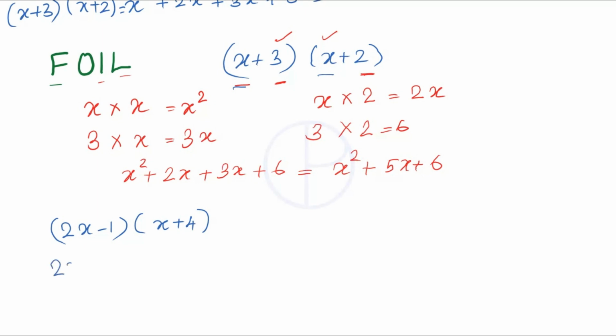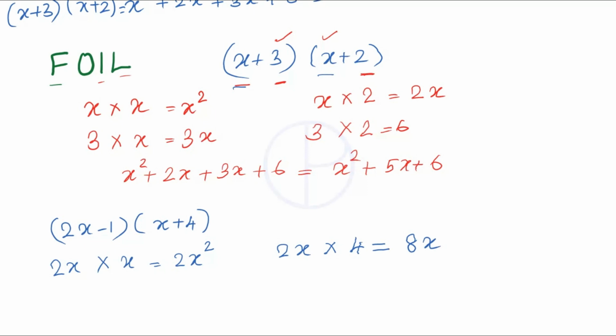So 2x multiplied by x is equal to 2x squared. Next, O represents outer, that is 2x multiplied by 4 gives 8x.